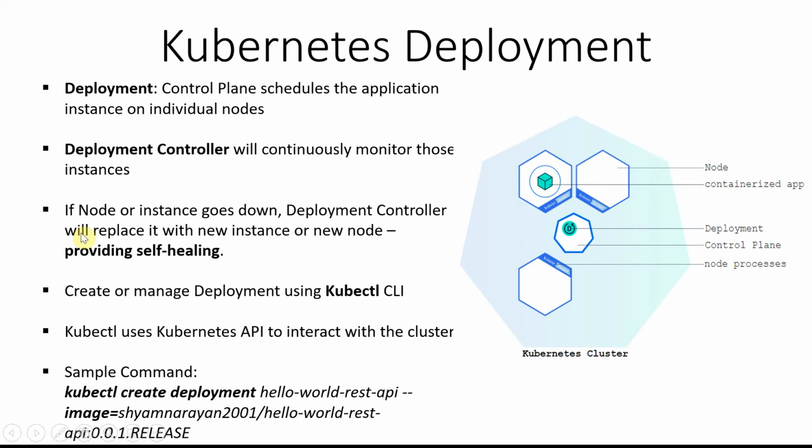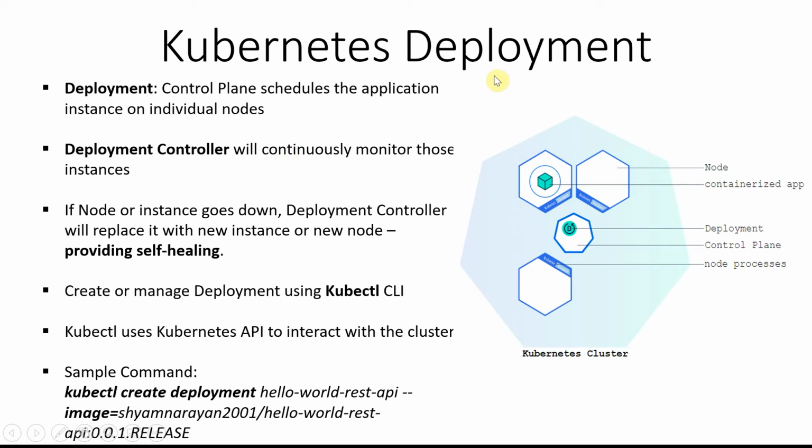But it's important to know what is happening behind the scenes. The commands are pretty simple, whatever we saw that day. Hardly 10 commands are there to talk to the master, but we should know what is happening behind the scenes. When you want to deploy something, that's where the Kubernetes deployment comes into the picture. A deployment is you giving instructions to the control plane, and the control plane will schedule that deployment into the individual nodes.